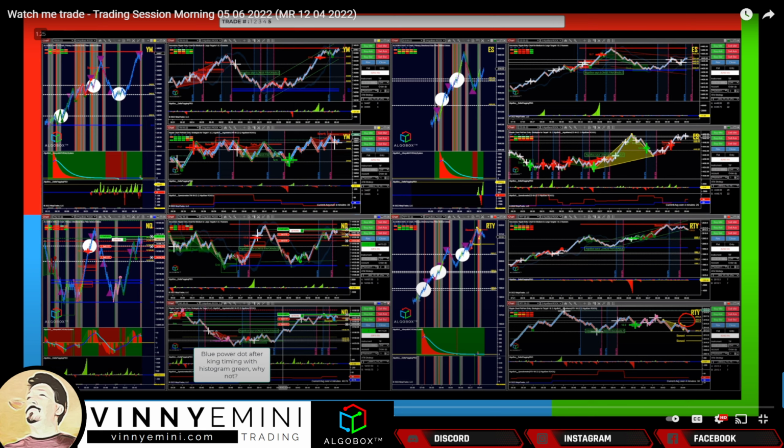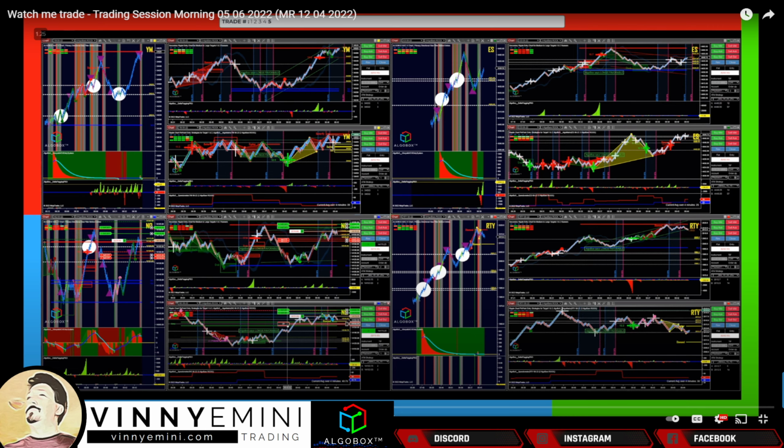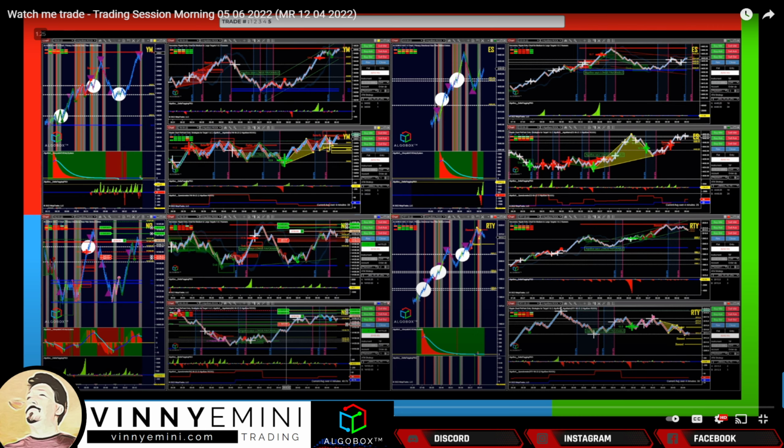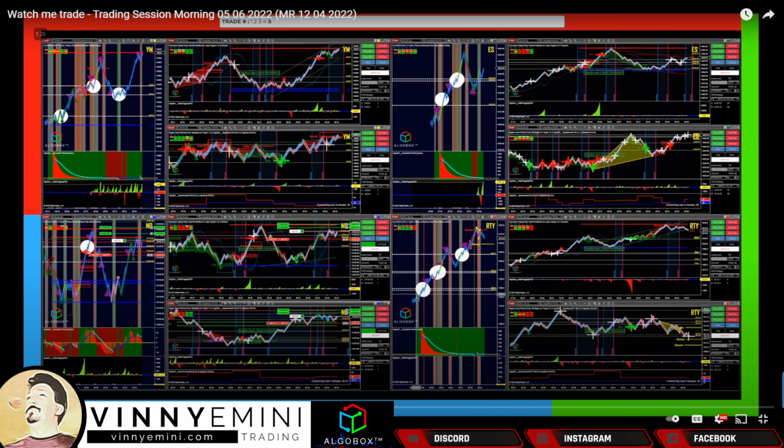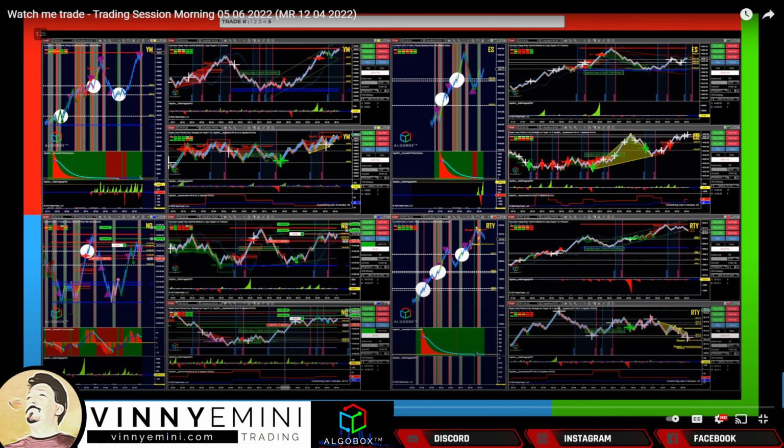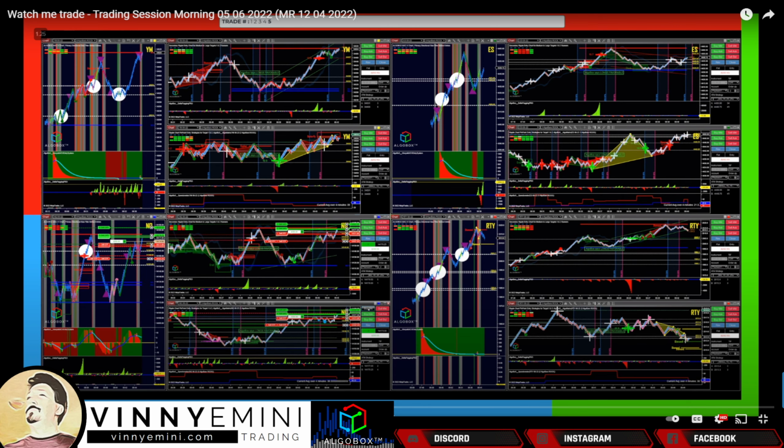Not great. But if he likes that blue dot, he should add to position right here. Harmonic pattern, Russell. Target so far filled.